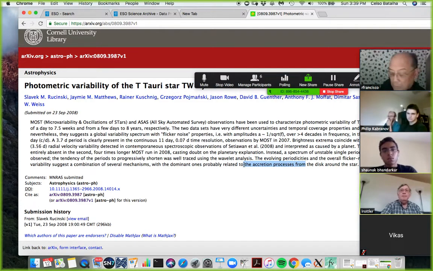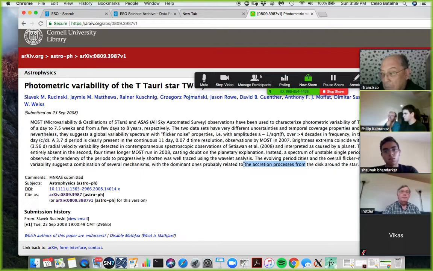The other thing I would like to see updated, because at that time we were not too certain about it: TW Hydra has huge emission. Usually huge emission is associated with accretion rate. So if you have a heavy accretion rate, you should have the lines heavily veiled.